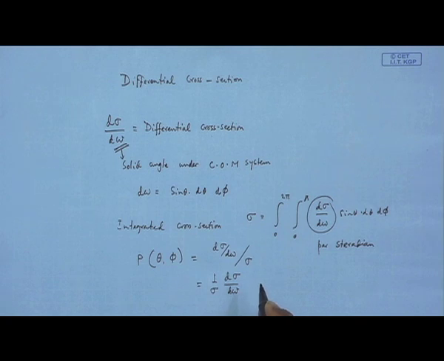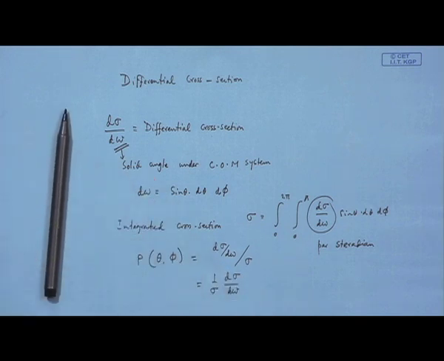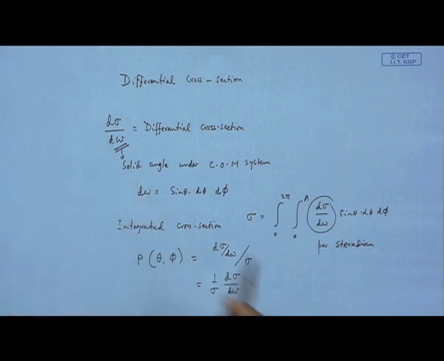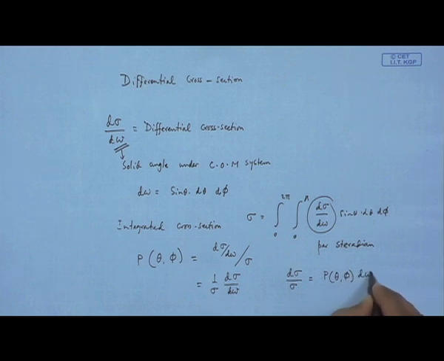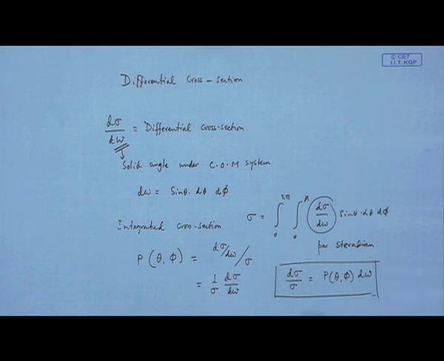What does this p mean? We can write in this fashion that d sigma by sigma can be written as p theta phi d omega.